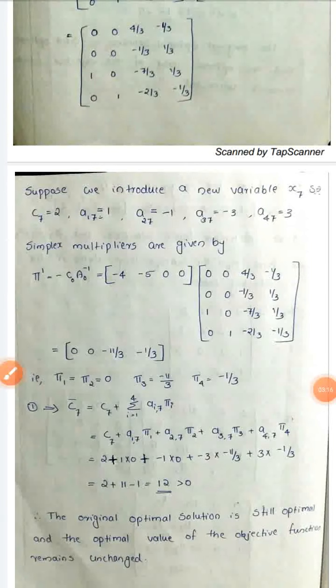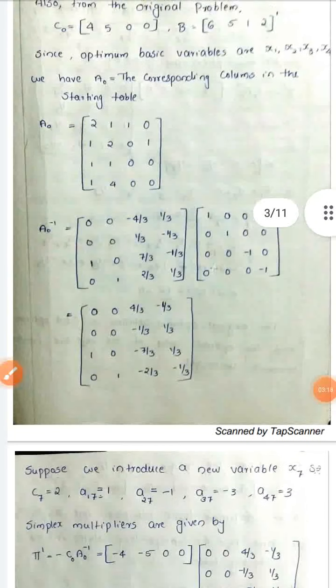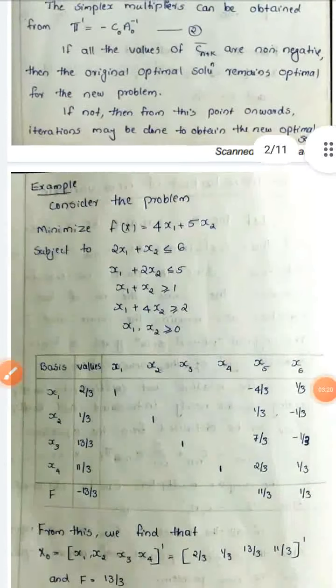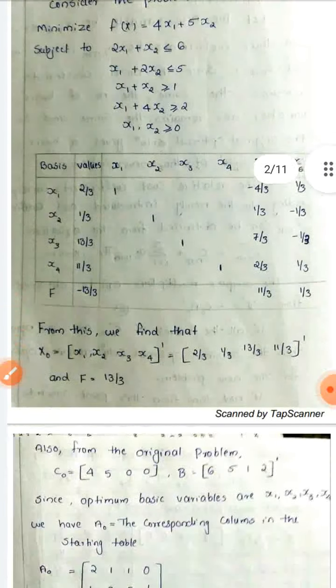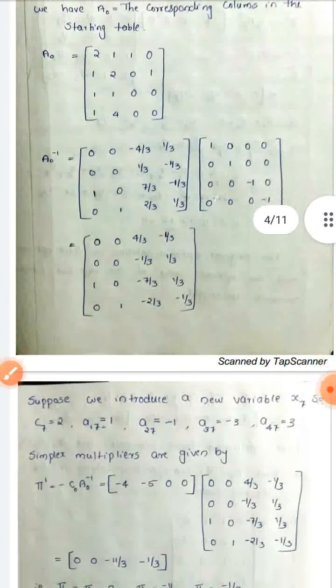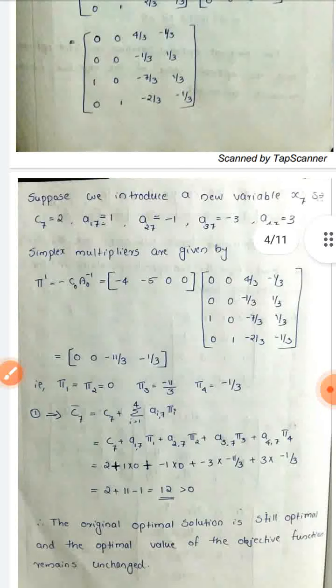Substitute the values in equation 1. Equation 1 is the relative cost coefficient C n plus k bar equal to C n plus k plus sigma i equal to 1 to m a i n plus k pi i. Here m is 4. So the relative cost coefficient C7 bar equal to C7 plus sigma i equal to 1 to 4 a i7 pi i.